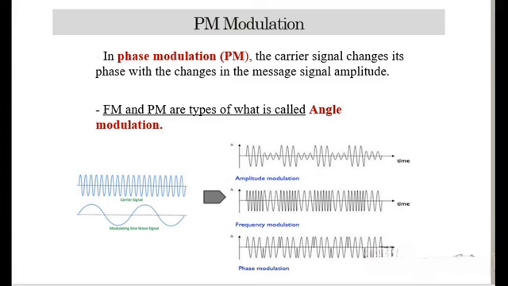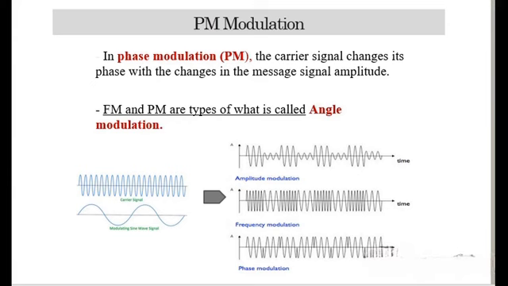The process of PM is similar to the FM modulation process, except that in FM the signal is integrated before modulating, and then applied to the balanced modulator. The integrator block of FM is present before the balanced modulator block, but in PM modulation no integrator block is required.